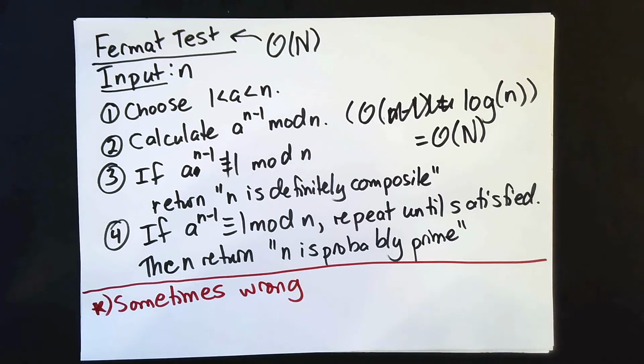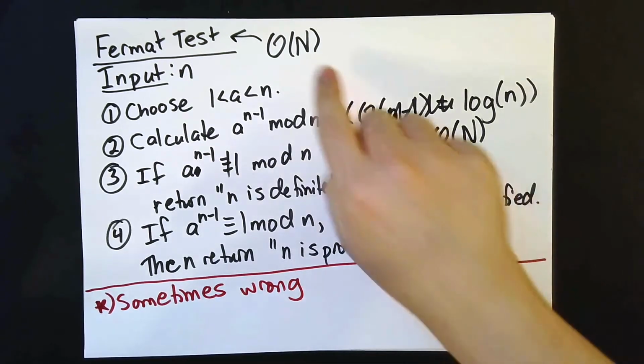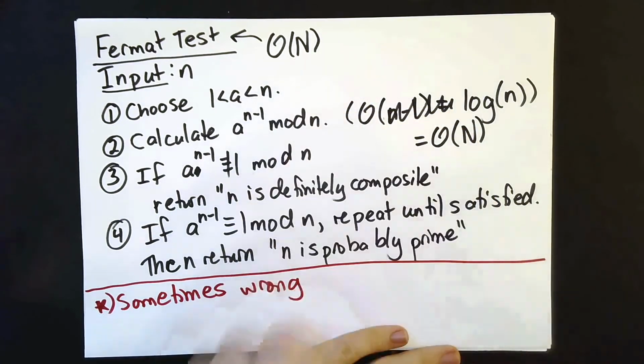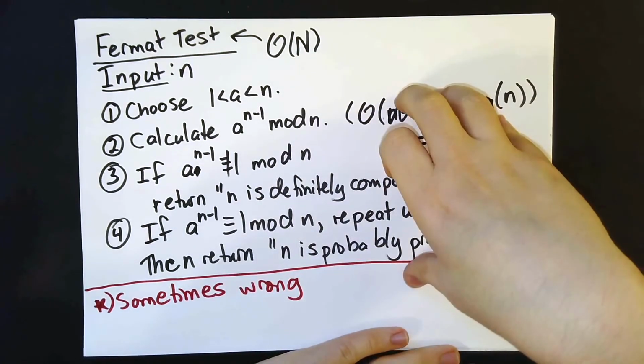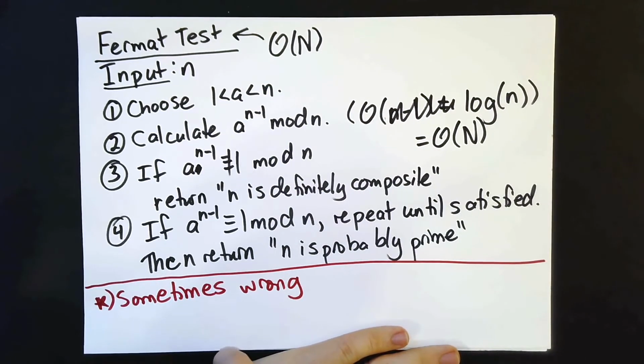But there's another way to look at this, which sounds like it's asking the same question, but isn't. Which is, if I have a particular composite number, what is the probability that this algorithm identifies that it is composite? And now, for most composite numbers, the probability is very high. Again, 99.999, whatever you want.